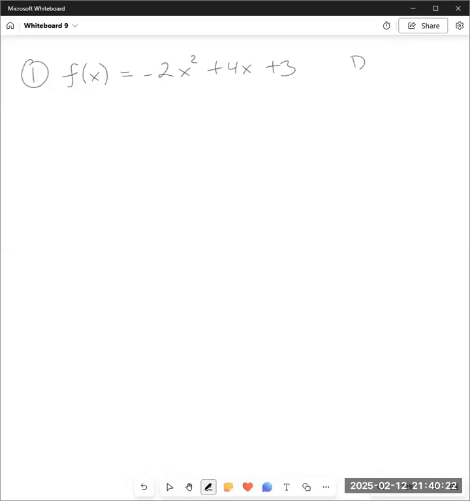So we've got our domain here of negative infinity to infinity, since this is a polynomial. When we find our critical numbers here, we have negative 4x plus 4 is equal to 0. I would factor out that negative 4 to make a factor of x minus 1 that would be equal to 0, and x would be equal to 1 as our critical number.